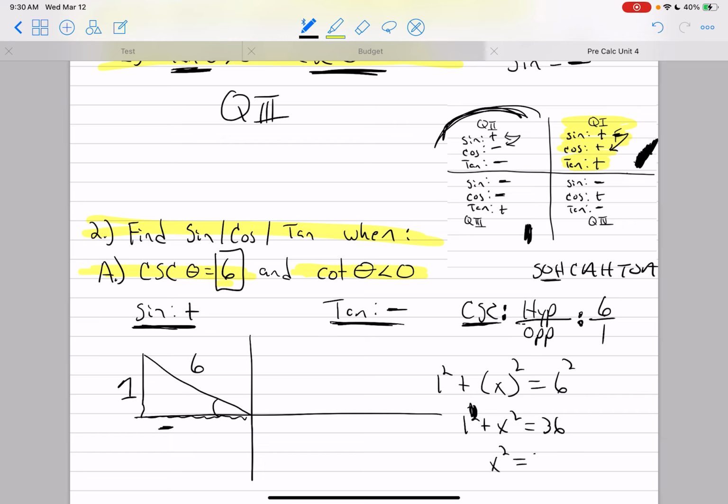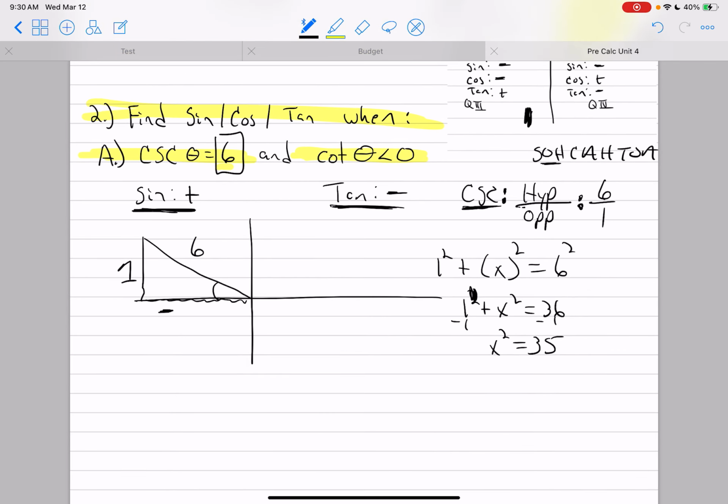X squared equals 36 minus 1. X squared equals 35. So I know that x equals the square root of 35. So x is now the negative square root of 35, because remember, this is in the negative direction.